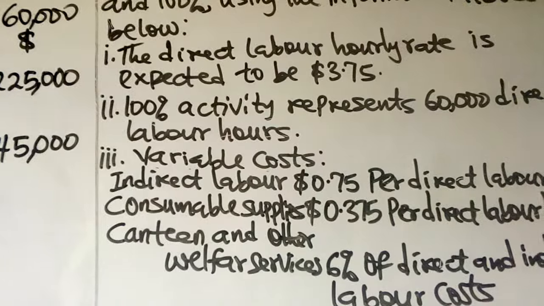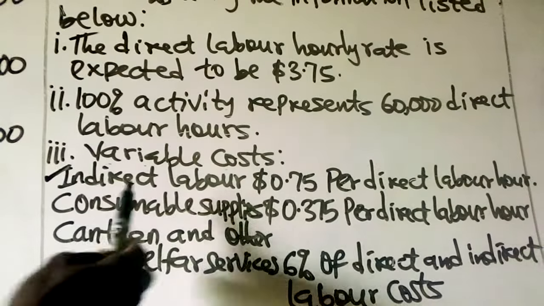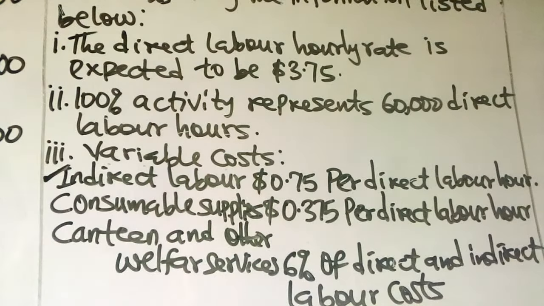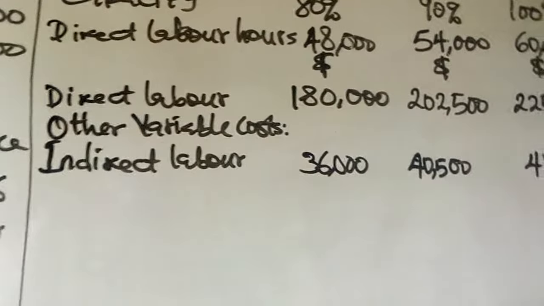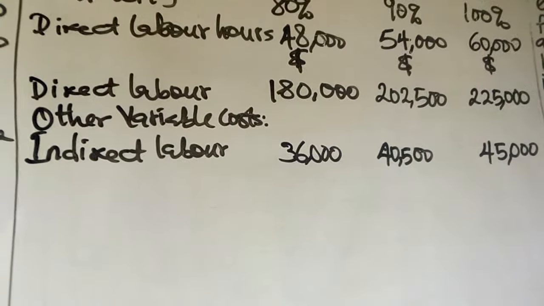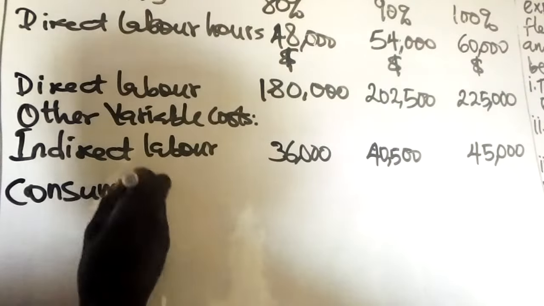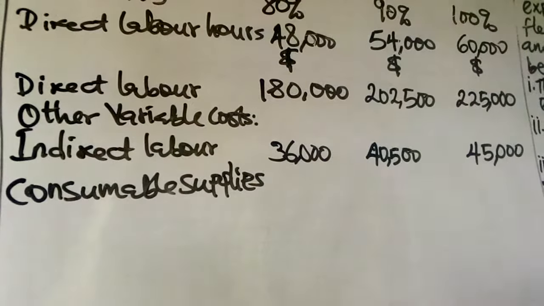After indirect labor, we still have other variable cost. Aside the indirect labor, and having considered the direct labor, we have consumable supplies, which is given as $0.375 per direct labor hour.